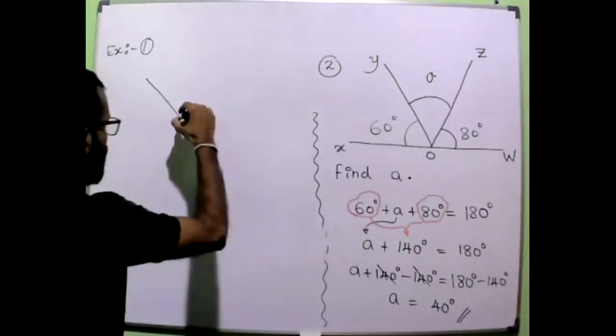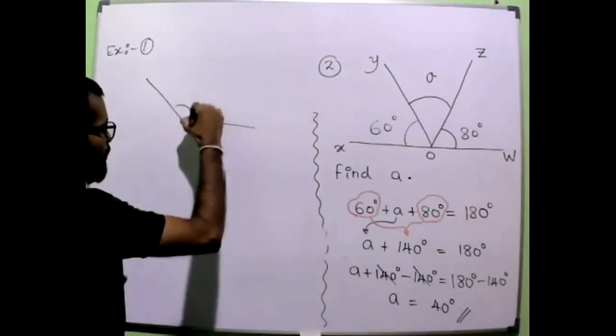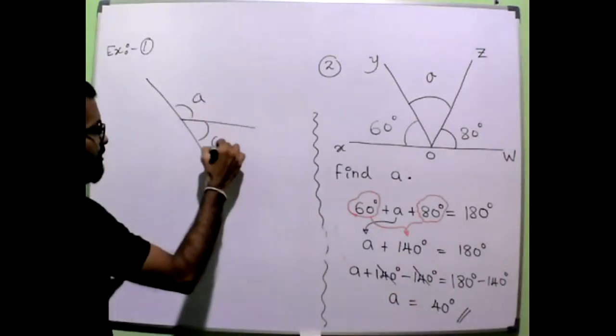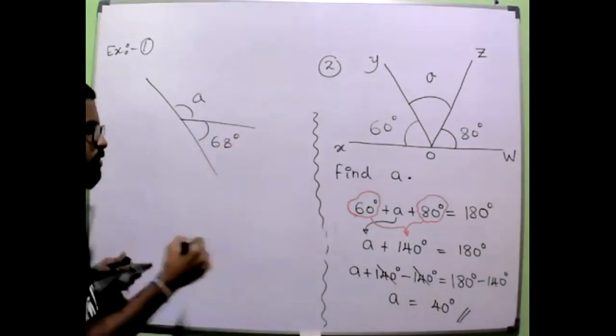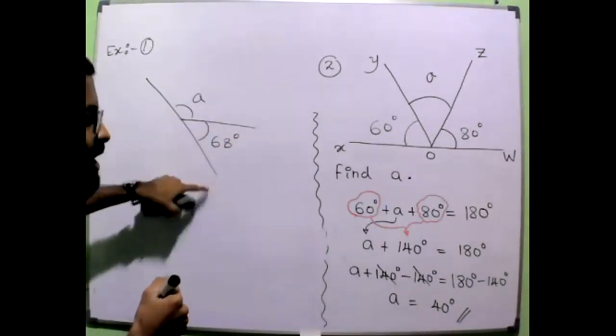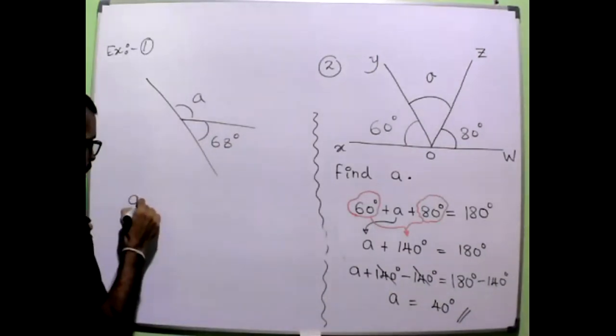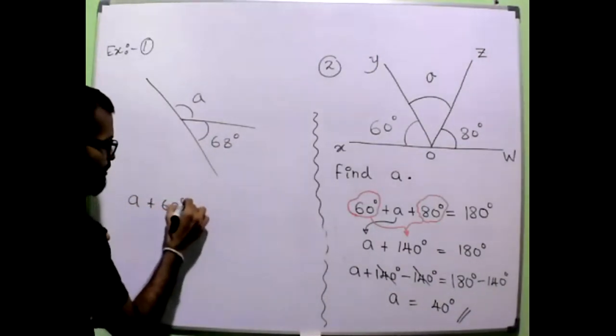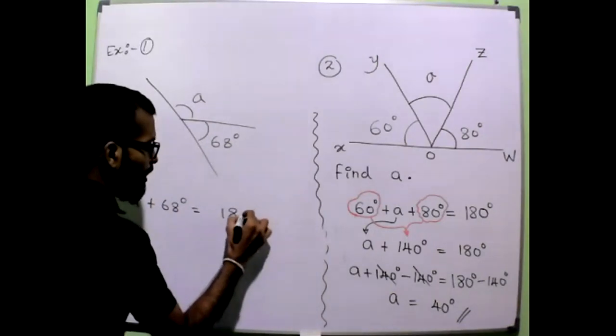This one is A. This is 68. So at once you can write. If you see something like this, this is a straight line. A plus 68 degrees equal to 180 degrees.